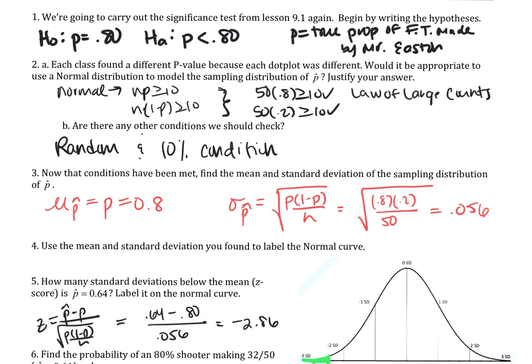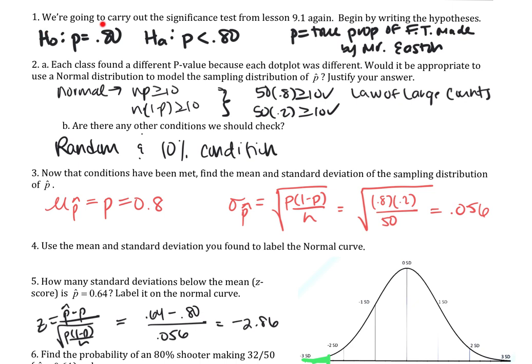So we actually do have convincing evidence against the null. We're starting to think Mr. Easton's fibbing here.